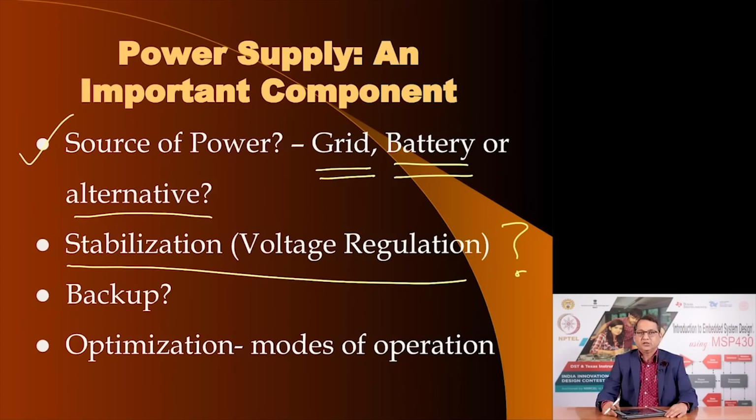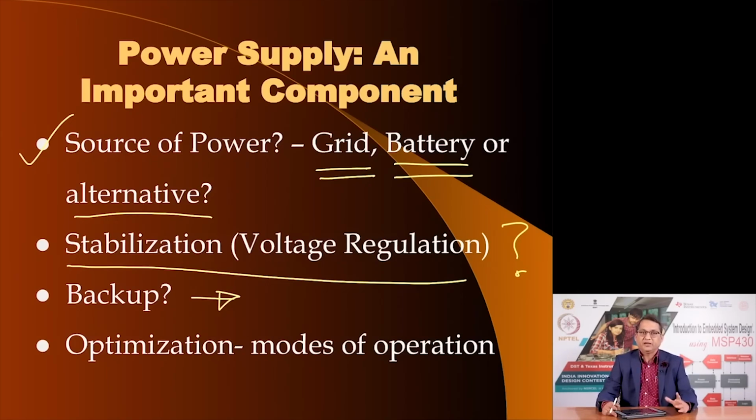If the power source is sporadic, that is, it may not be available at all times, then you must consider options of a backup. What are the various ways that you can create backup? And last but not the least, given that you have some source of power, you would still want to optimize the available power, and this is very important in case the primary source of your power is a battery.